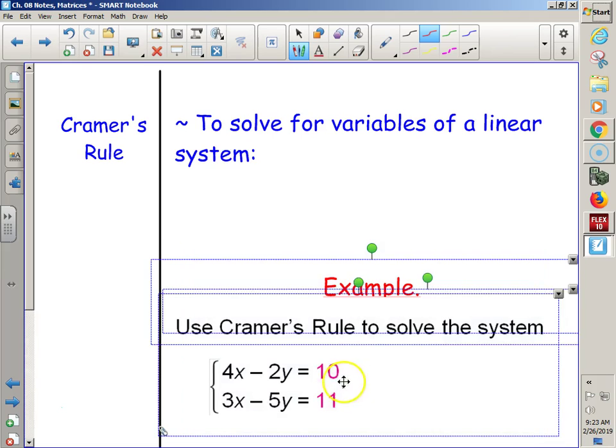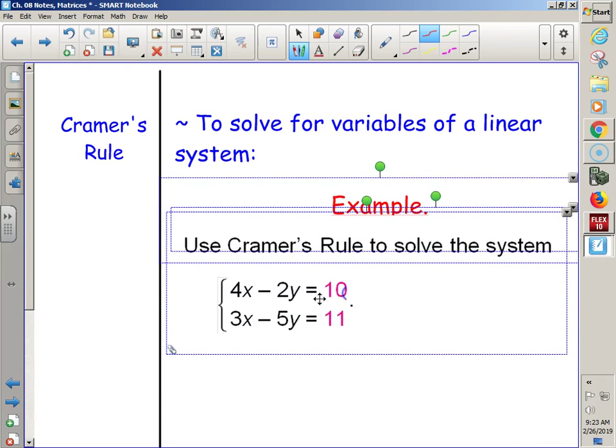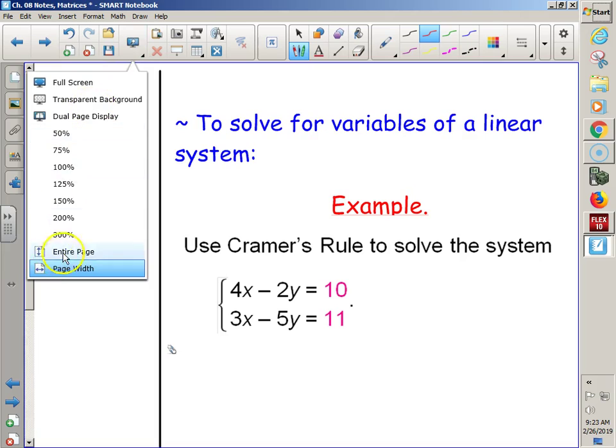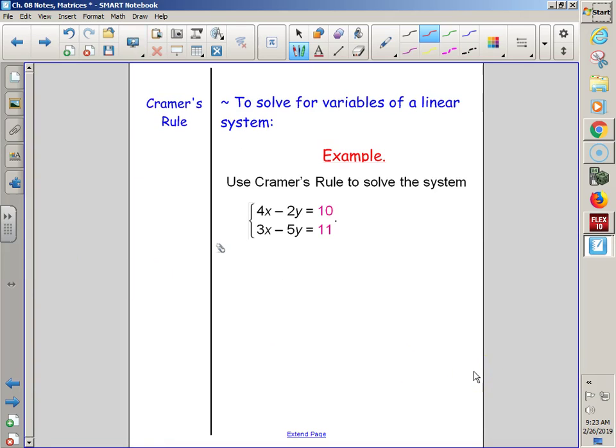So let's go ahead and try this guy. Now, I'm not saying this guy is an easy or a hard solution. Maybe he's easy, maybe he's hard. But I want us to try to use Cramer's rule to solve. Now, if I totally thought through this, I might have a race right now, and you guys could solve with elimination or substitution, I solve with Cramer's rule. But I do want you to practice.